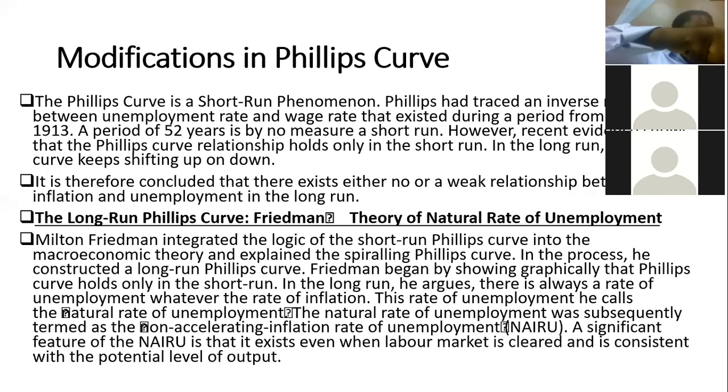In adjusting the Phillips curve, Milton Friedman said that in the long run, there is no relationship between wage rate and unemployment. That means when the wage rate is increasing, unemployment does not change. It is very steep. Unemployment doesn't change, simply because the unemployment we are having there is the long run unemployment, the natural rate of unemployment.